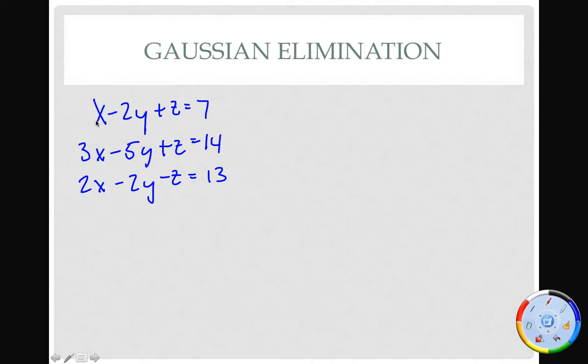I could take this top equation and multiply it by 2, and multiply it by 3, in order to cancel out this 3 and this 2. So recall if we had an equation that looked like this, 3x plus 2y equals 7, and I had x minus 7y equals 4, I would probably multiply this bottom equation by 3, and I would say this was 3x minus 21y equals 12.